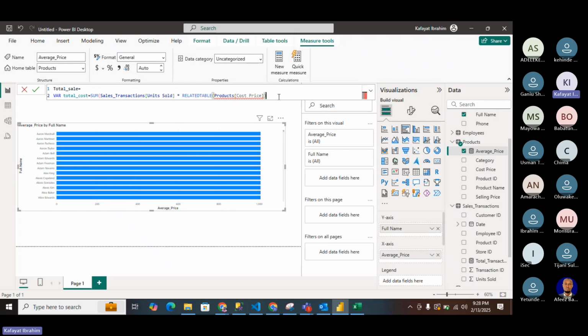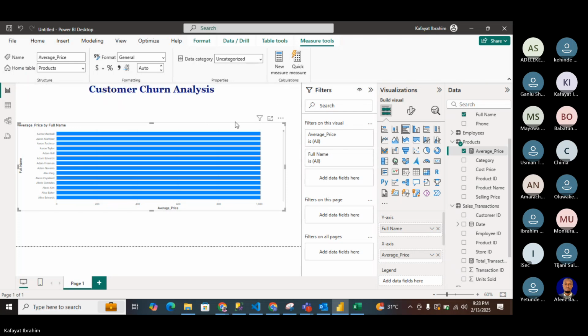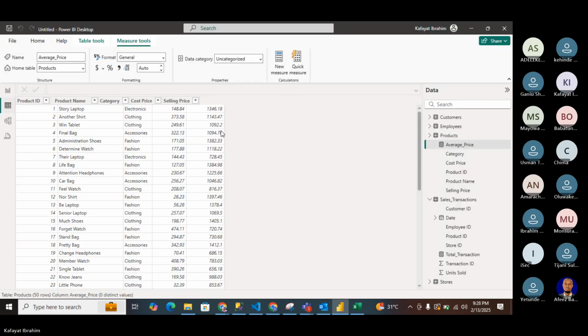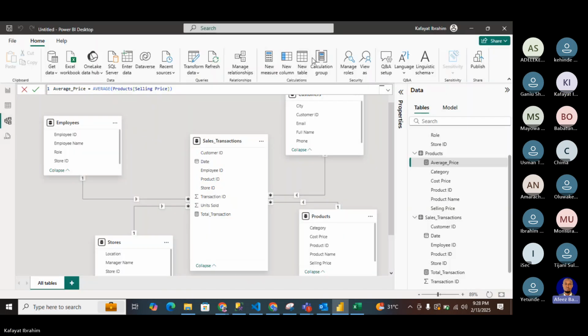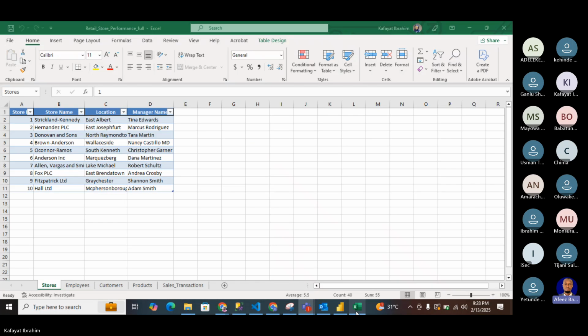Come back here. Can you share the file? Maybe you can save it and share it.